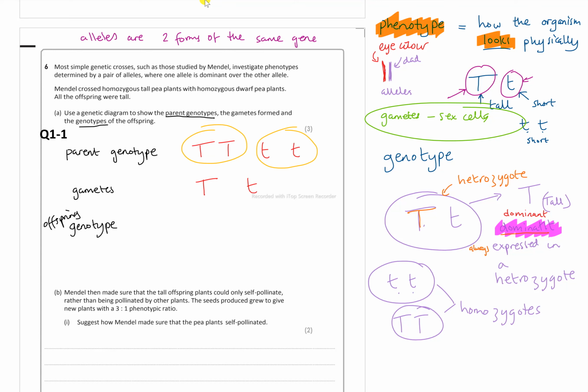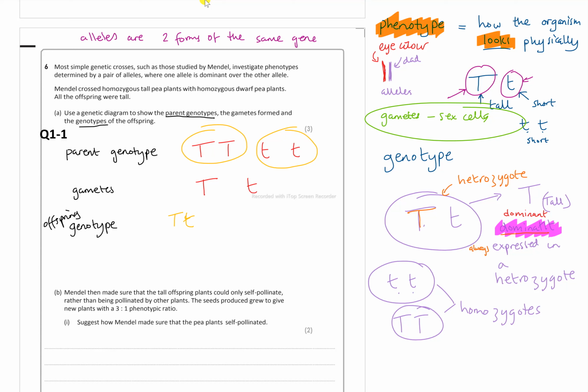We've got one of each. And what did the kids end up with? They ended up with big T and small t, all four of them.